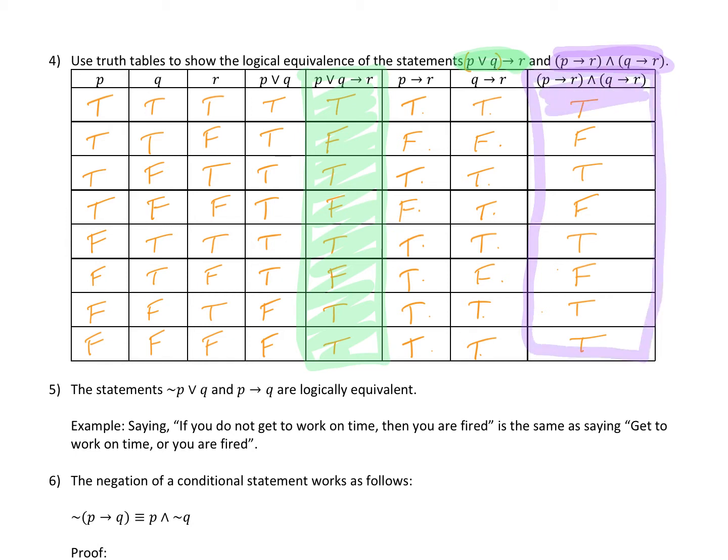I wanted to see if they were logically equivalent by seeing if their truth tables were identical. And we have true, true, false, false, true, true, false, false, true, true, false, false, true, true, true, true. So they are logically equivalent. Check.